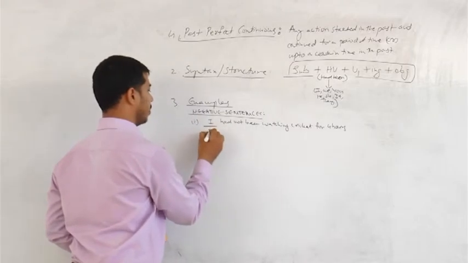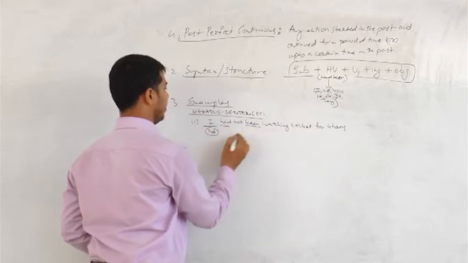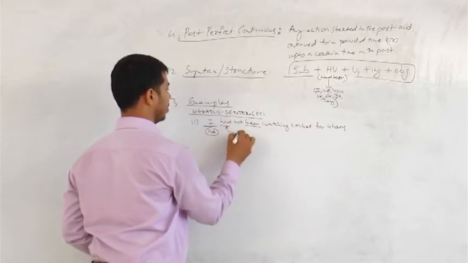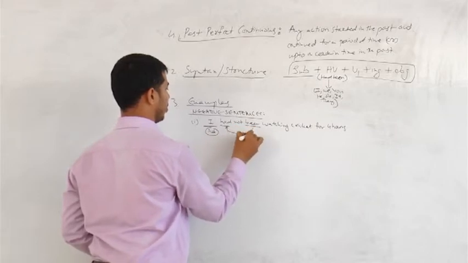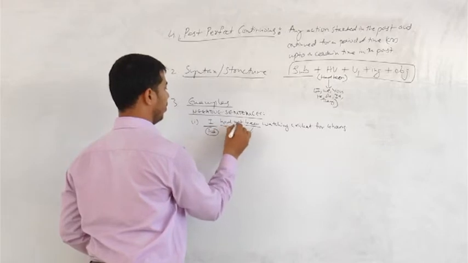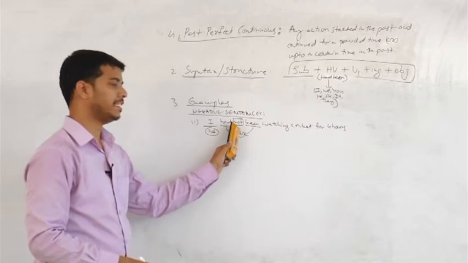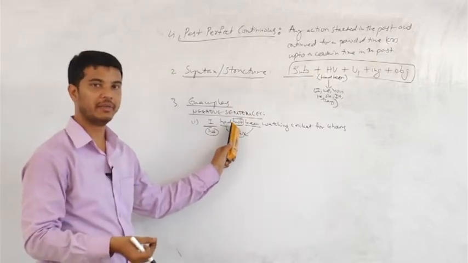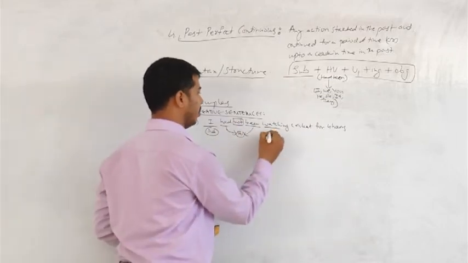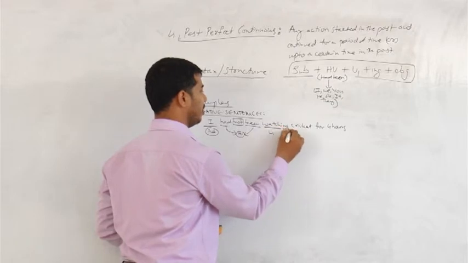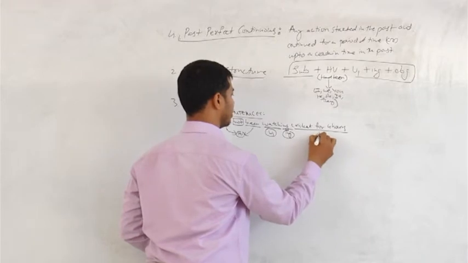So I is what? Subject. As usual we know, first person singular. Had been is the helping verb, right? Not is added to give the negative meaning. So I had not been watching cricket for 4 hours. What is the verb in the first form? V1, ing is ing, and cricket for 4 hours is the object.